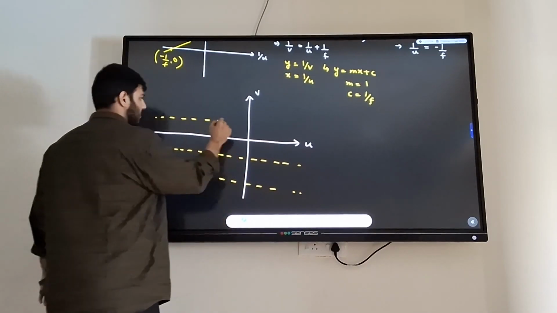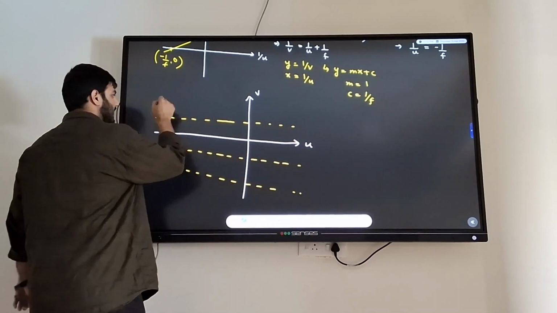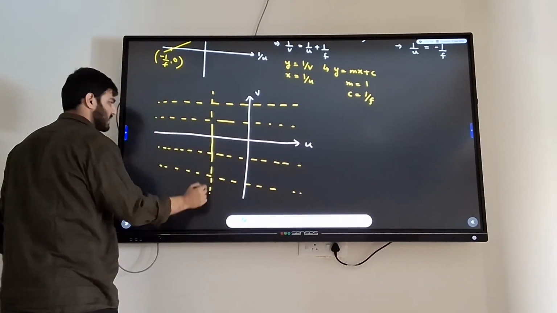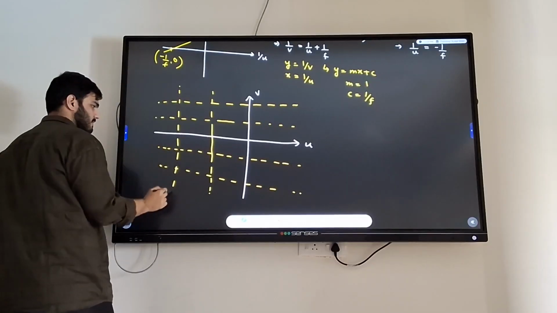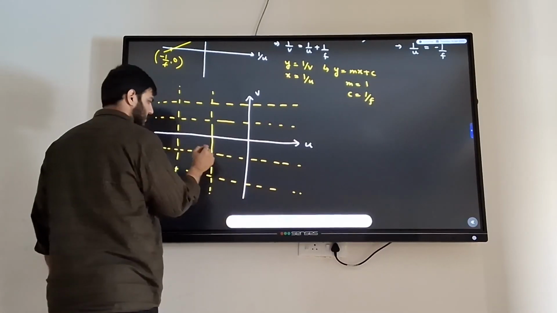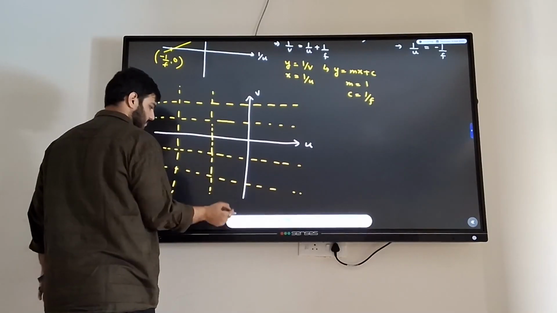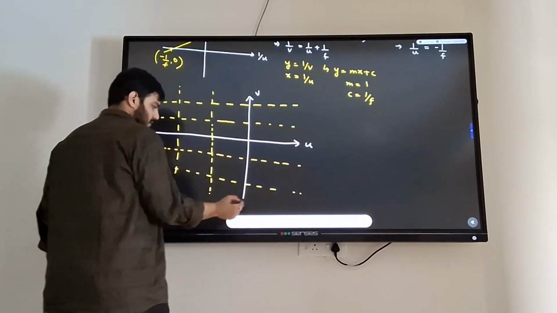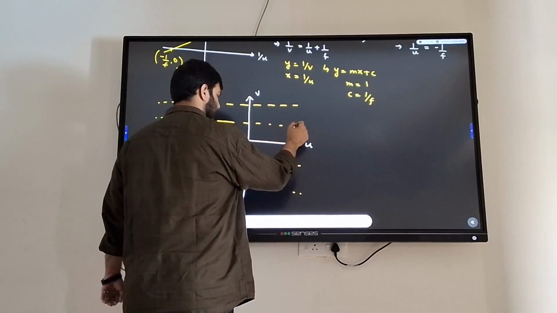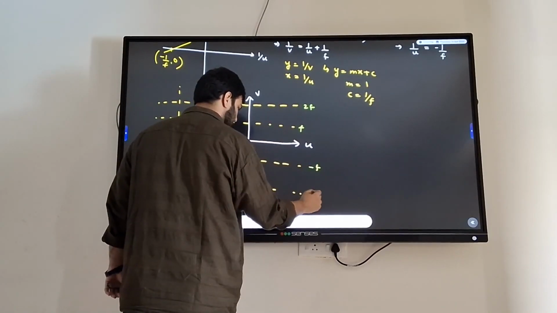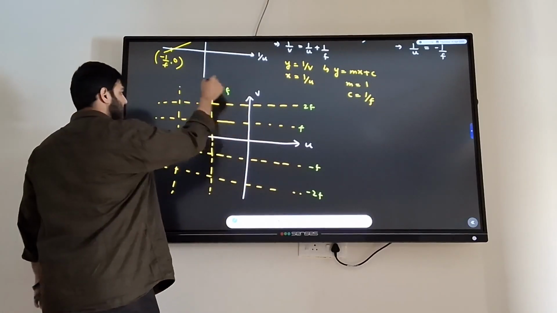Let me make some more here. If you remember, I did the same thing when I was doing mirrors. This is F, this is 2F, this is minus F, this is minus 2F.